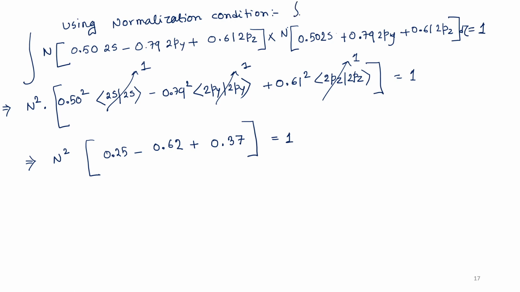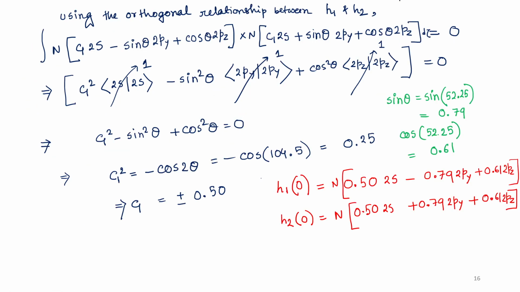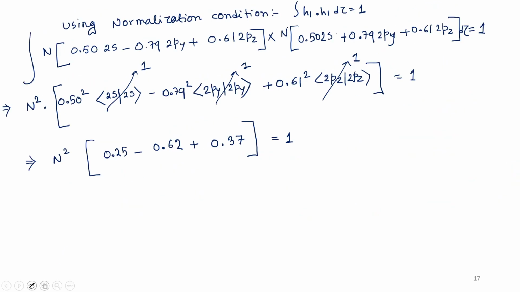So this should be your integral of h1 into h1 d tau is 1, right? And for this case, h1 h2 d tau is going to be 0. So the mistake I made is that I am saying normalization condition, but I was taking the orthogonal condition.